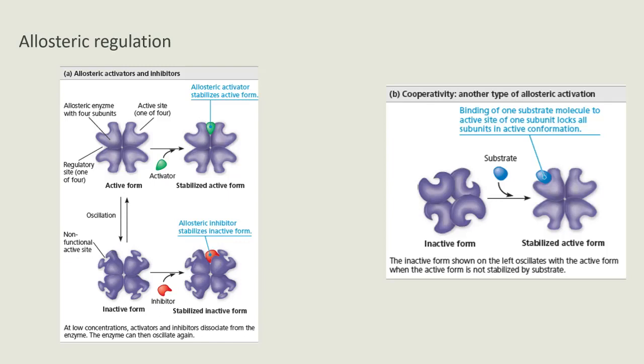Something also to take into account for this concept of allosteric regulation is that these account for enzymes that have more than one active site. You can see that for these examples there are 4 active sites.